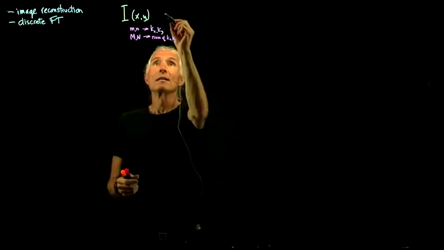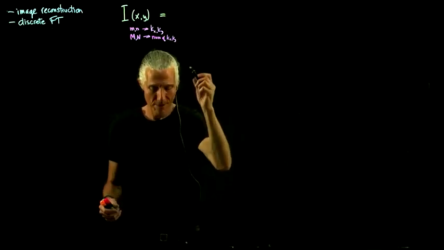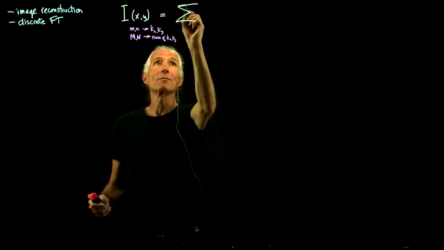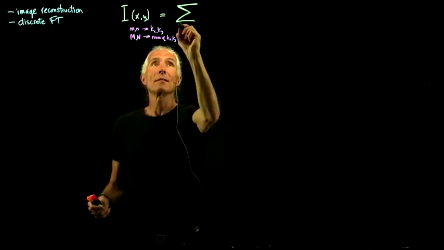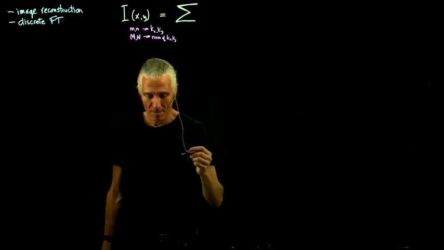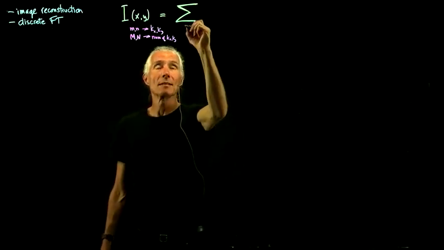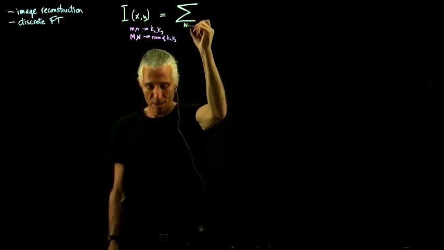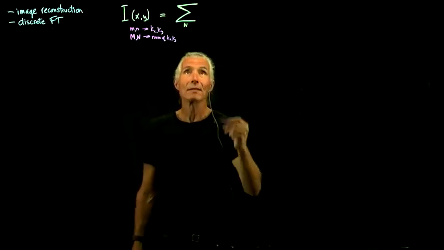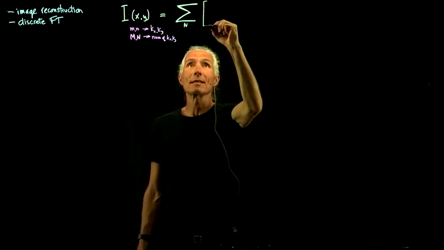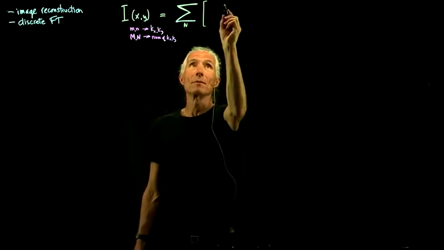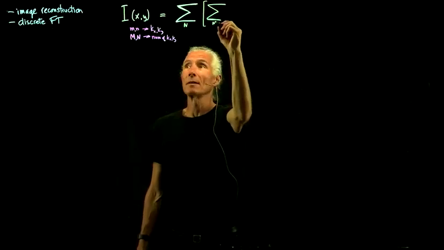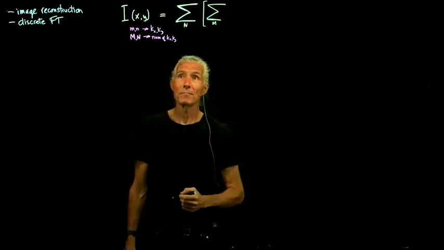So what is our Fourier transform? Now instead of an integral, we use this capital sigma, meaning sum. So we sum across all the n, the following thing, and the following thing is a 1D Fourier transform. So here's our 1D Fourier transform across all the m direction.